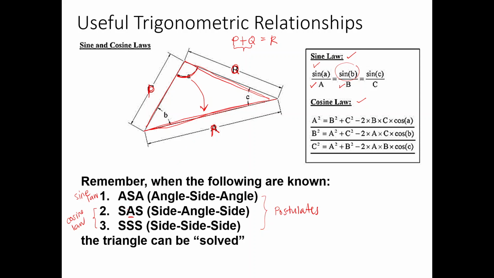And then the SSS postulate is important if you want to solve for the angle only. Let's say all the sides are given and you want to solve for this particular angle here. That's the SSS postulate, and you'll be using the cosine law.